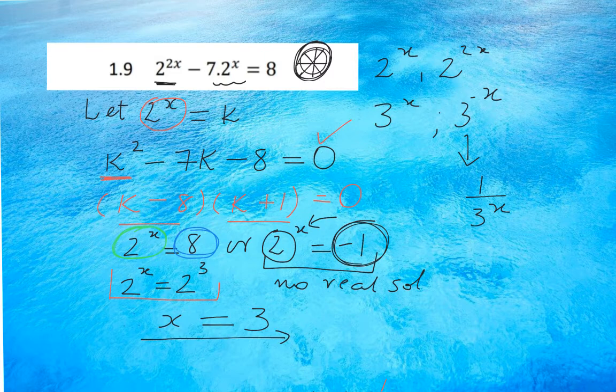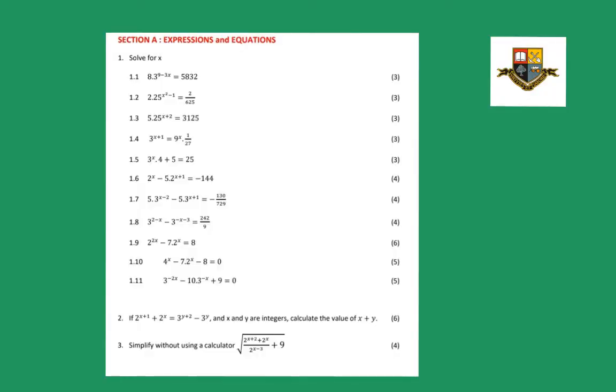Okay, so those were the 3 types of equations with exponents, the basic equations with exponents. If you look at the worksheet once again, it is set for you to recognize the types of equations in a very simple way.